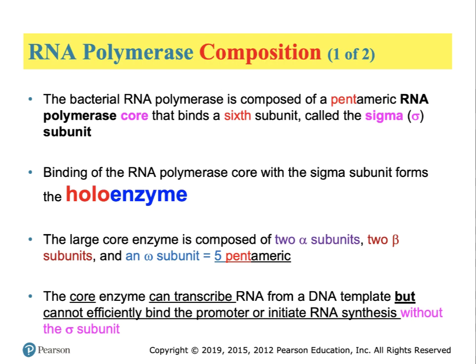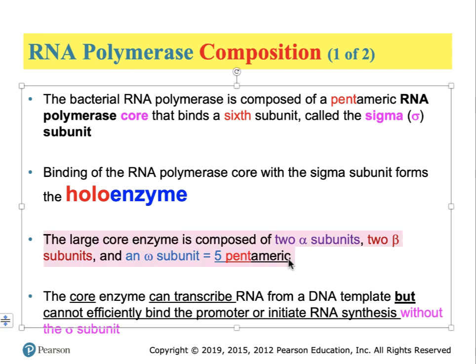It's important to know the composition of the RNA polymerase in order to then deduce its function. RNA polymerase can be found in two configurations. One is alone as a complex of polypeptides, known as the core enzyme. The core enzyme consists of 5 polypeptide subunits, 2 alphas, 2 betas, and an omega.